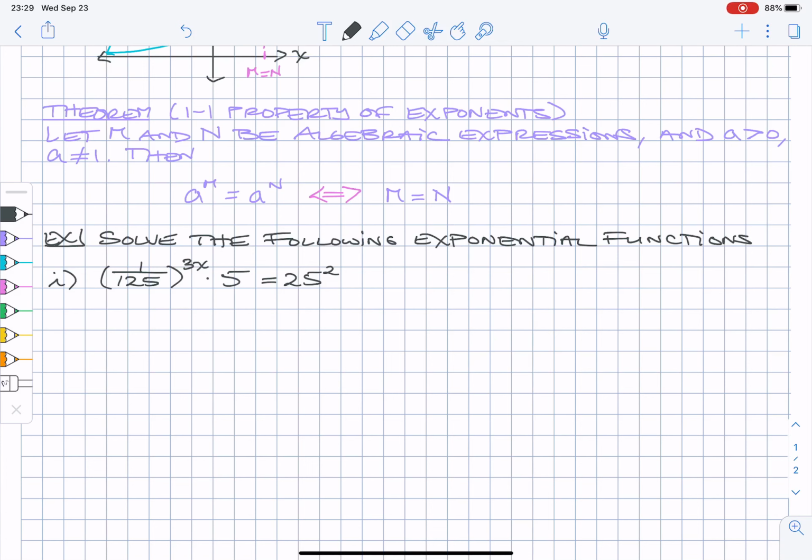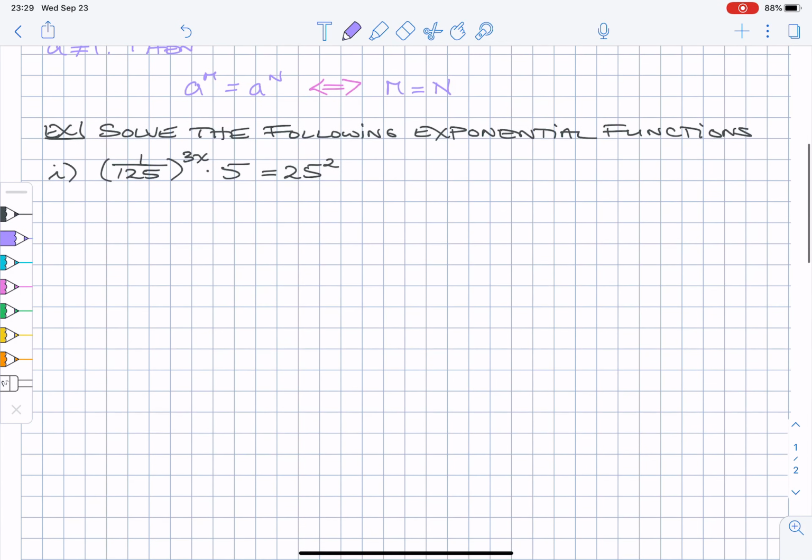I'm going to color code this. Let's say I have 1 over 125 raised to the 3x as my first factor. Then we multiply this by 5 to the first power as my second factor, equal to 25 squared.